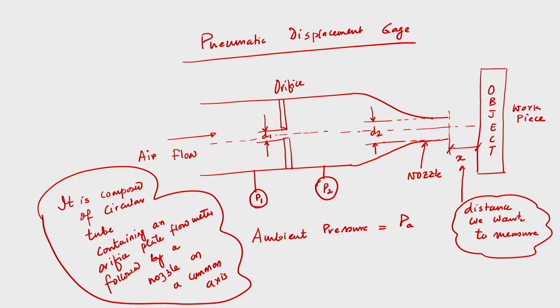Now, see, the gauge will be placed normal to the workpiece. The workpiece is on the extreme right side, that is what we have drawn, and the gauge is placed normal to the workpiece such that the nozzle is at a distance x from the workpiece. This distance is what we would like to measure.